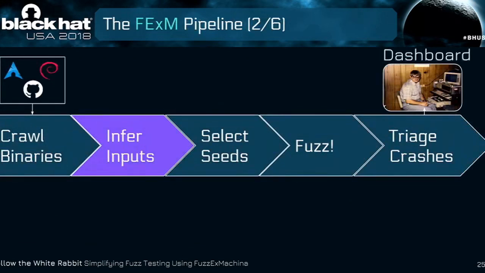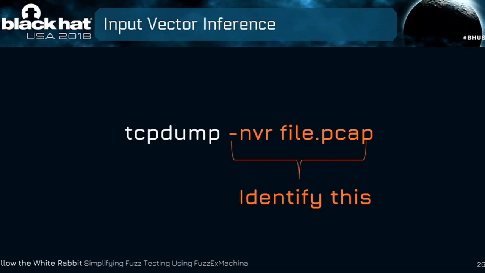All right, once we have our pre-built or our binaries, we need to identify a way to provide them with user-defined input. So to give you some intuition on what this means, say you would like to fuzz TCP dump. Then what you would need to identify is the parameter -nvr and then the path to a file, so that TCP dump then reads this file. We would also like to identify that TCP dump actually parses PCAP files, but that's going to be a later step.